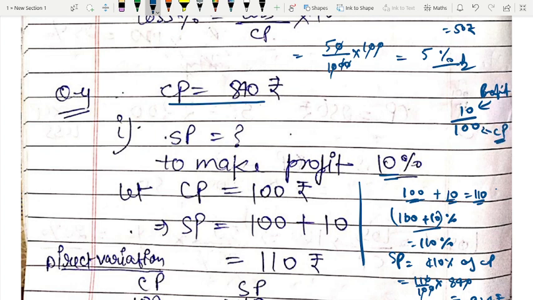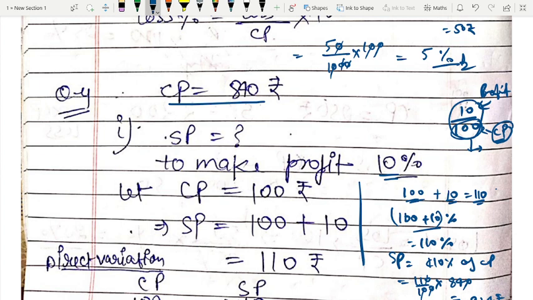Is it clear? In this fraction, for profit as well as for loss, the denominator 100 will always be the cost price. So we have assumed the cost price is 100 rupees.